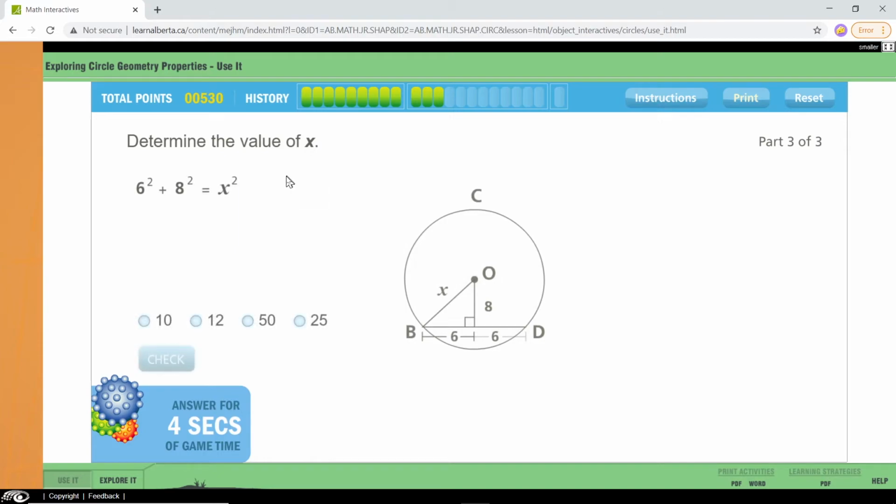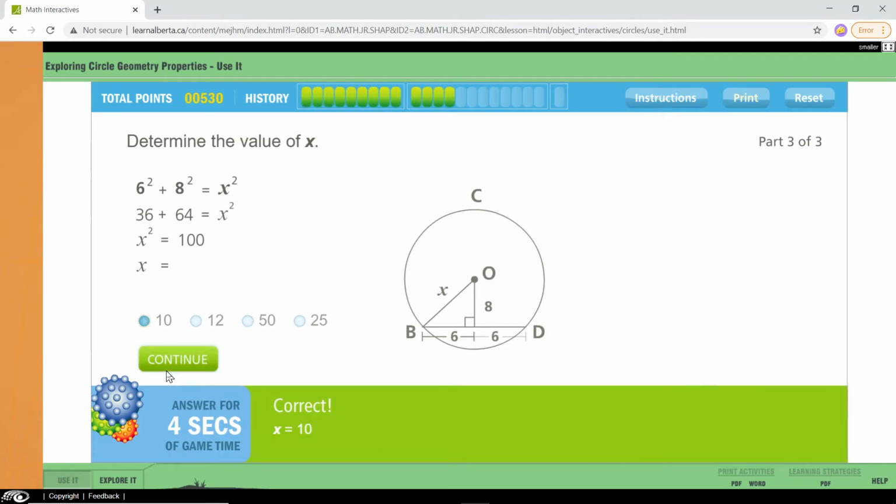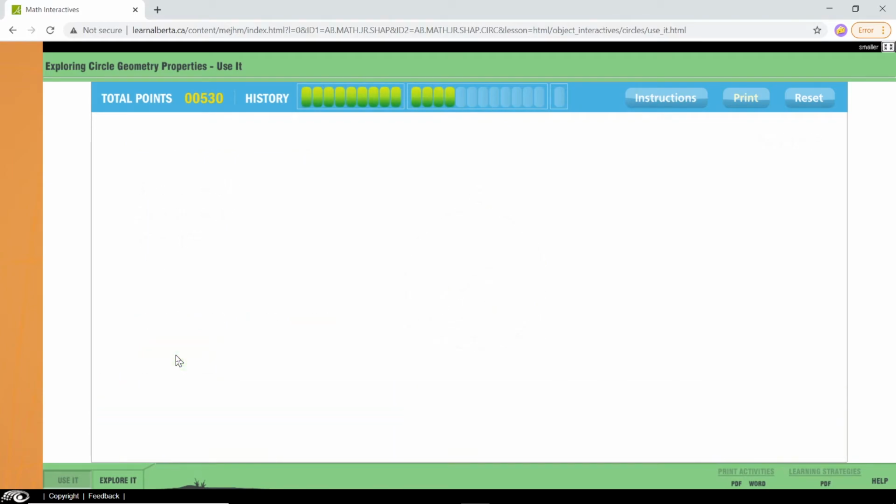So determine the value of x. It's already calculated for us. We just have to square root it. So the square root of 100 is 10. Let's continue.